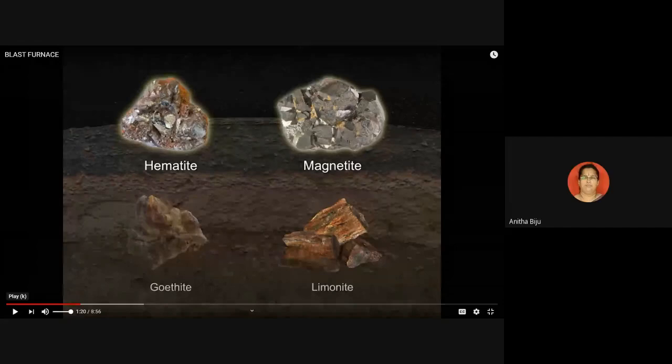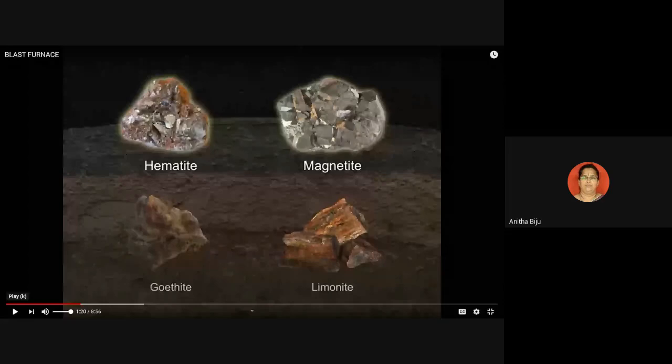Siderite is a carbonate ore. Then why can't we call it an iron ore? I think it is an ore, but the problem is that two conditions are there. It is a carbonate ore, so with carbonate the expenditure is high, but from the oxide ore the expenditure is less.